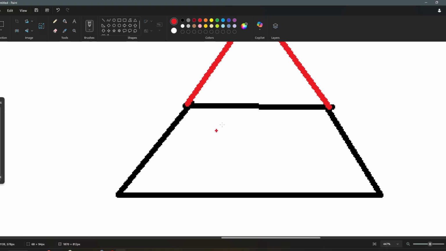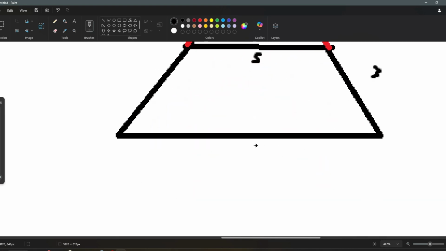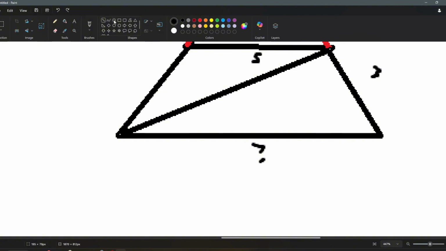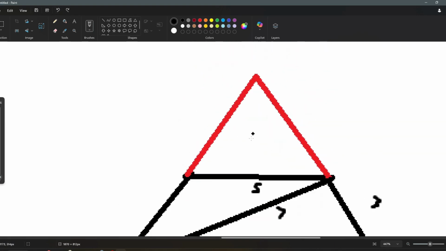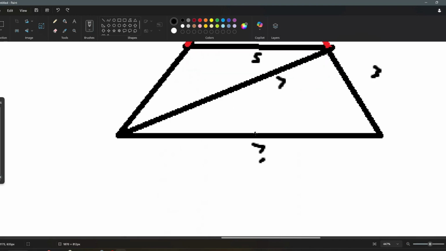What do I know? I know that this is 5, this is 3, this is the question mark, and then this is 7. Can I find anything about this triangle that'll help me find something about this triangle?